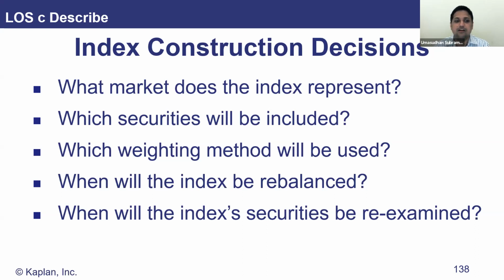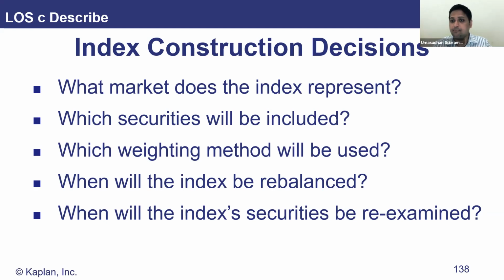Next question. When will the index be rebalanced? And the next question, when will the index securities be re-examined? So what does that mean? These two things you need to understand a little bit more. Now, when you talk about rebalancing an index, you probably think, okay, 20% of your index will be banking stocks, 20% of your index will be manufacturing stocks, likewise.